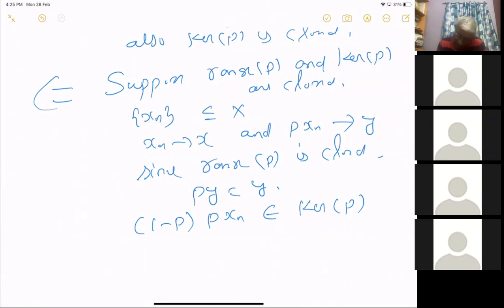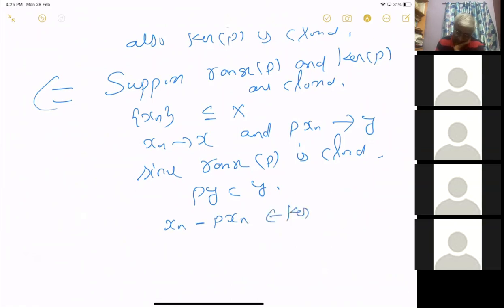Now, what is it I have to prove? xn minus Pxn is in the kernel of P, right?